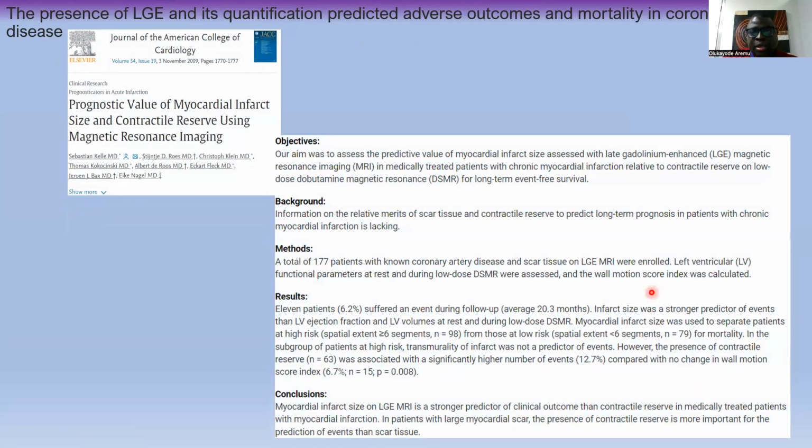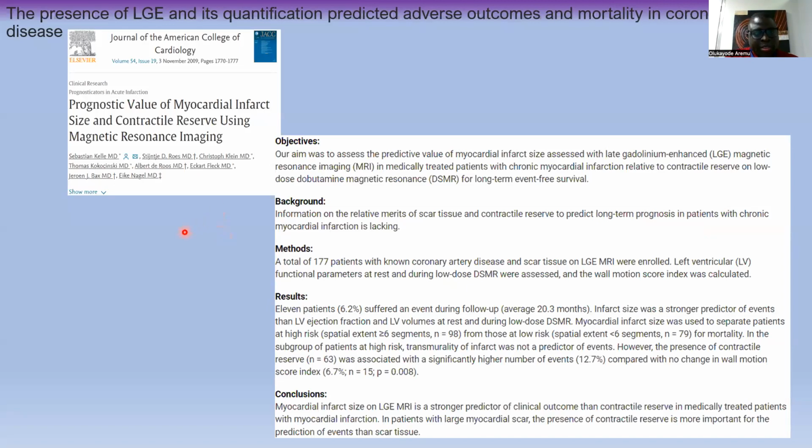And what they did was that they aimed to assess the predictive value of myocardial infarct size using LGE imaging in medically treated patients with chronic myocardial infarction relative to contractile reserve on low-dose dopamine MRI for long-term event-free survival.